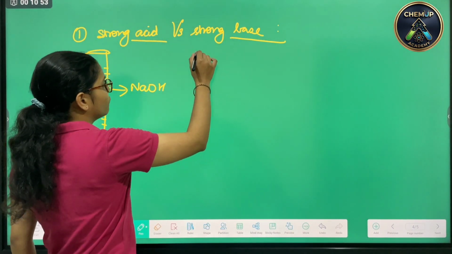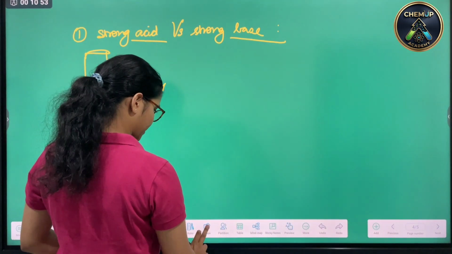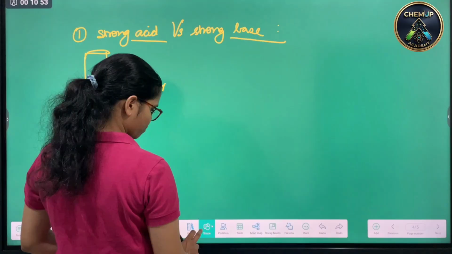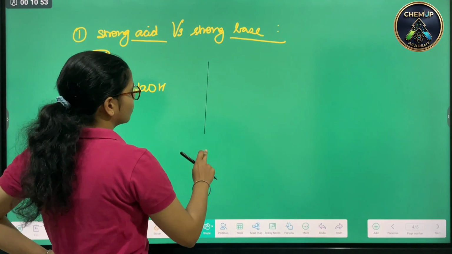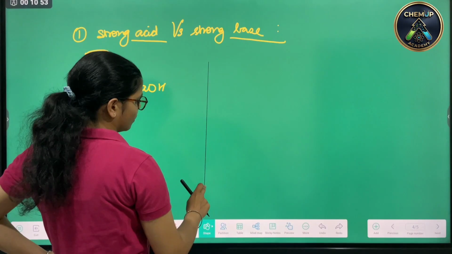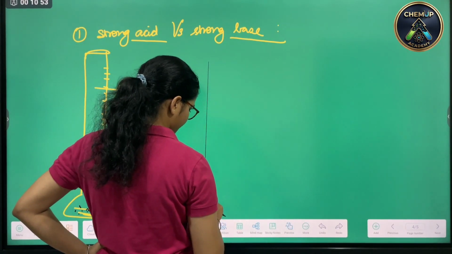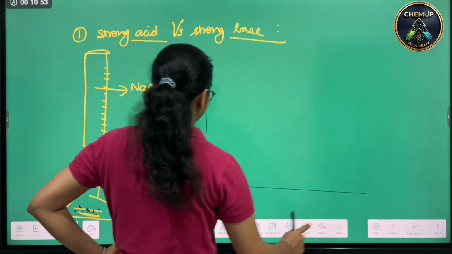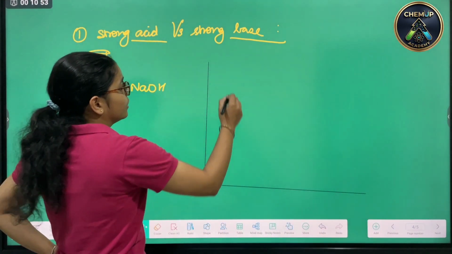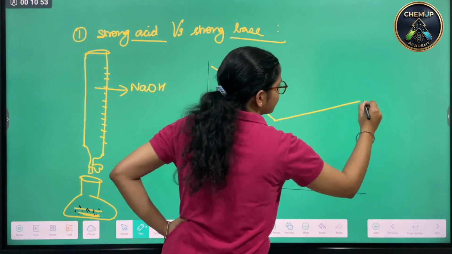Now what type of graph are we obtaining from this? The graph goes like this, and then it goes like this.